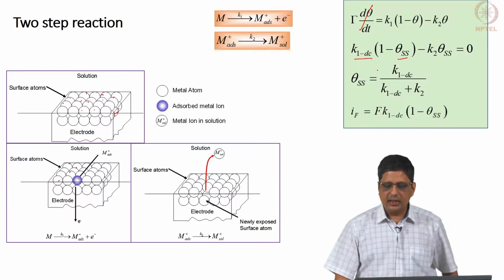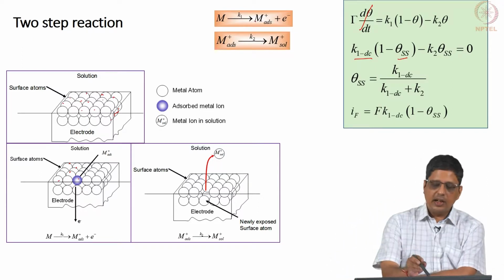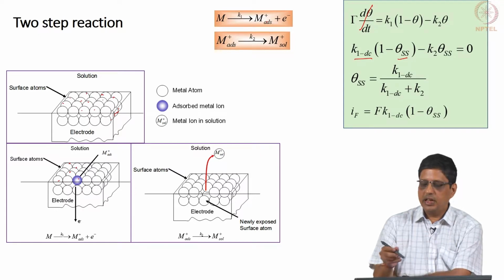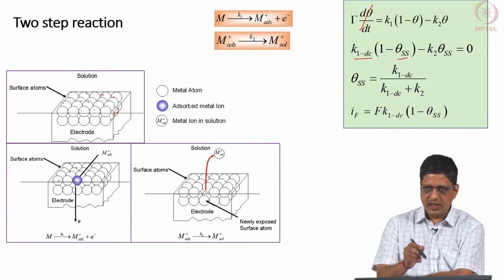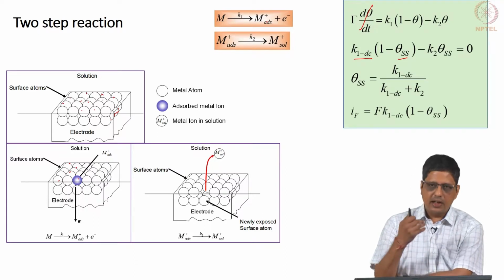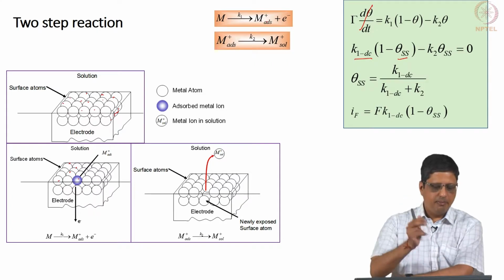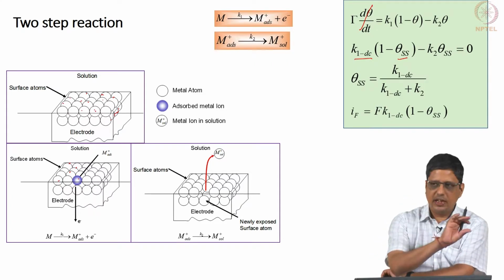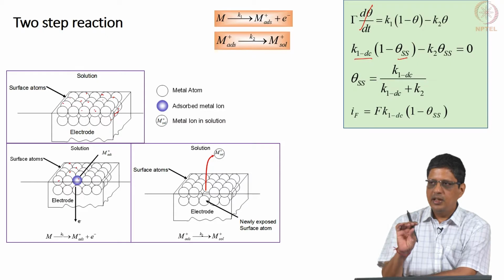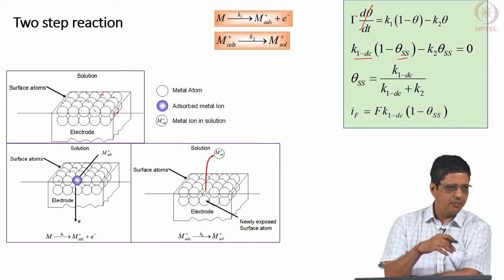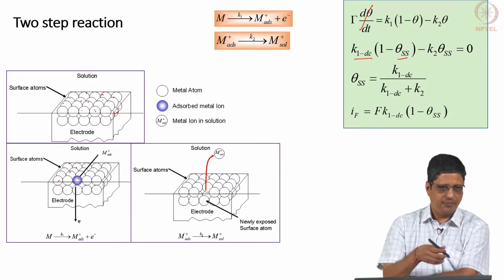The current under steady state condition comes only from the first step, the current for the Faradaic reaction comes from the first step. Current for the capacitor will be there if you are applying an AC potential. If you apply DC potential, the metal solution interface, which you can visualize as a capacitor, will not pass any current under steady state condition.